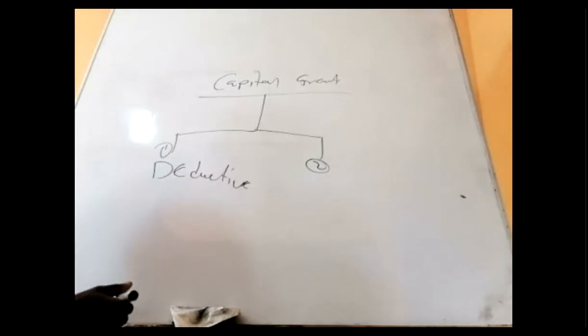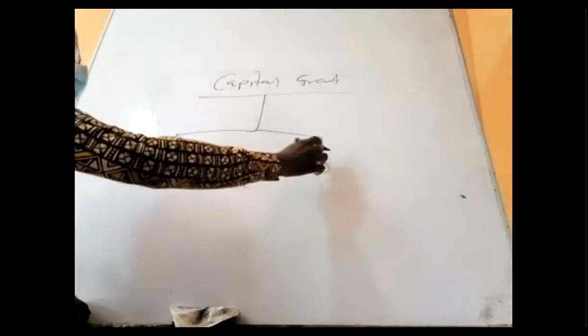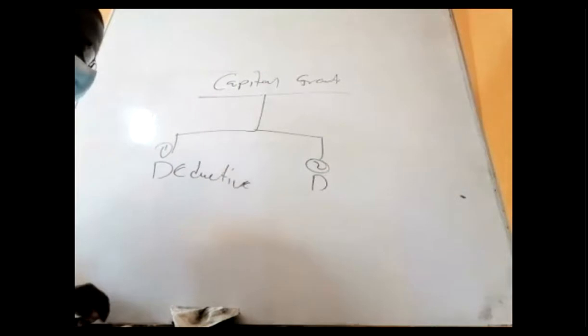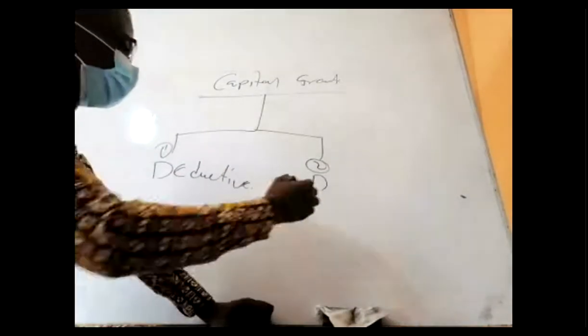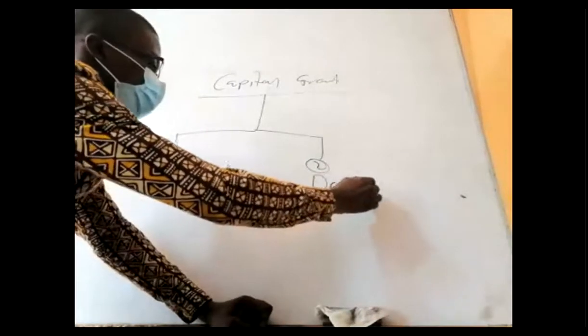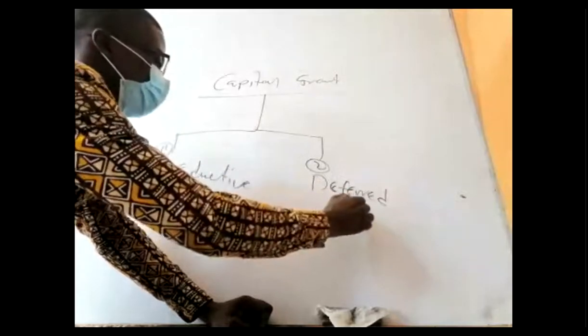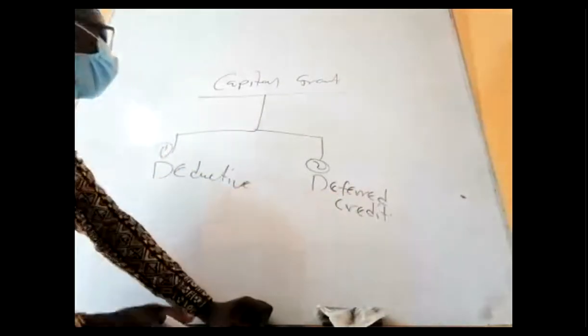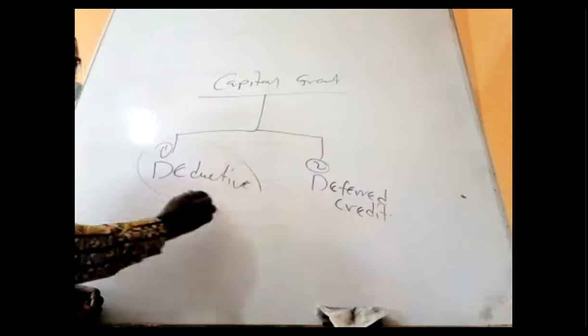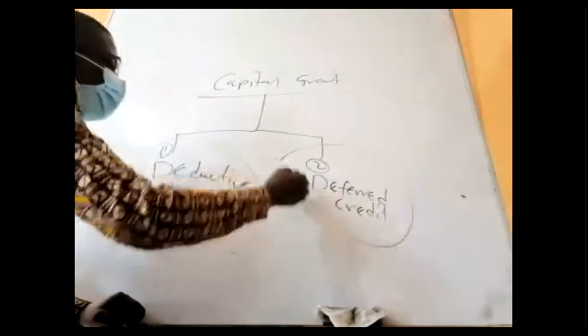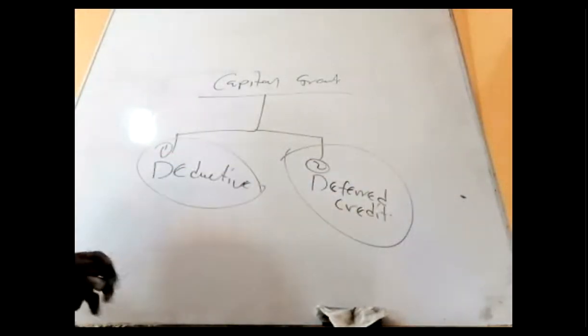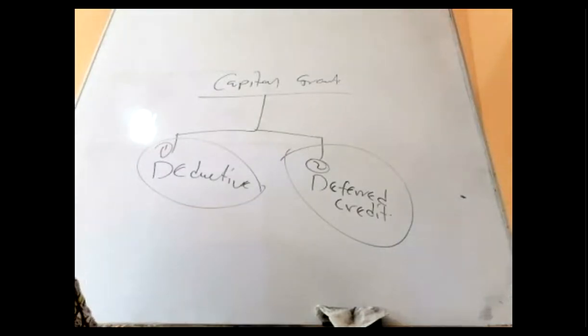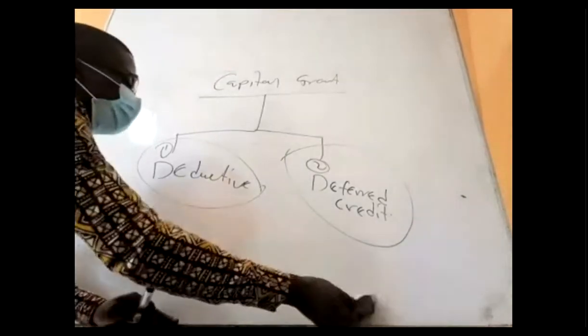Treatment number 2 is the deferred credit method. I'll start with the deductive, and then we'll go to the deferred credit, and then we'll start solving questions on this. So let's start with the deductive.